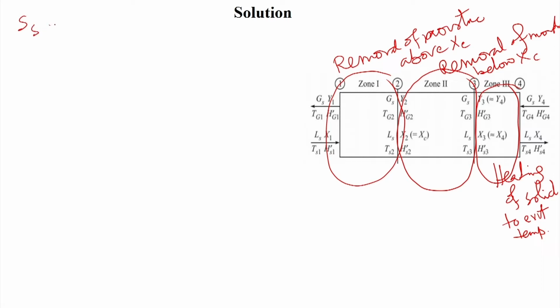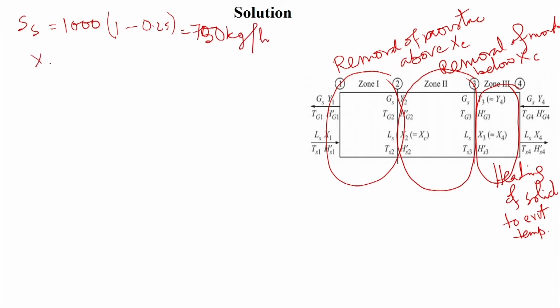S s is the flow rate of the wet solid, given as 1000 with 25% moisture content. So, it is 1 minus 0.25, which is 750 kg per hour.